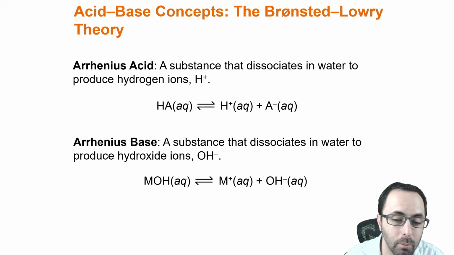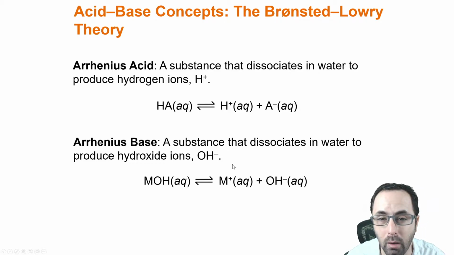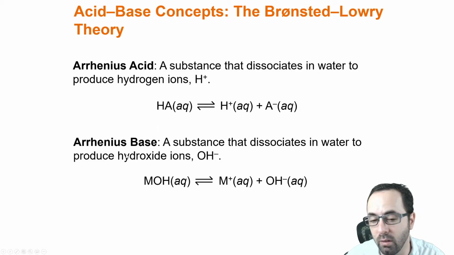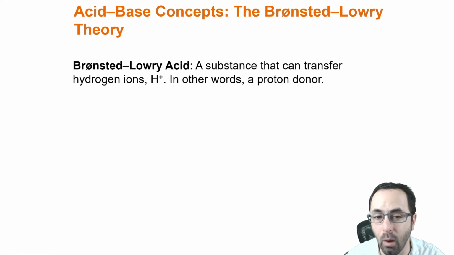They don't have to dissolve to produce hydroxide directly in water. This Arrhenius definition is an old one. The new one, called the Brønsted-Lowry definition, includes hydroxide and other substances that might serve a similar purpose. So let's move on now to the Brønsted-Lowry definition.